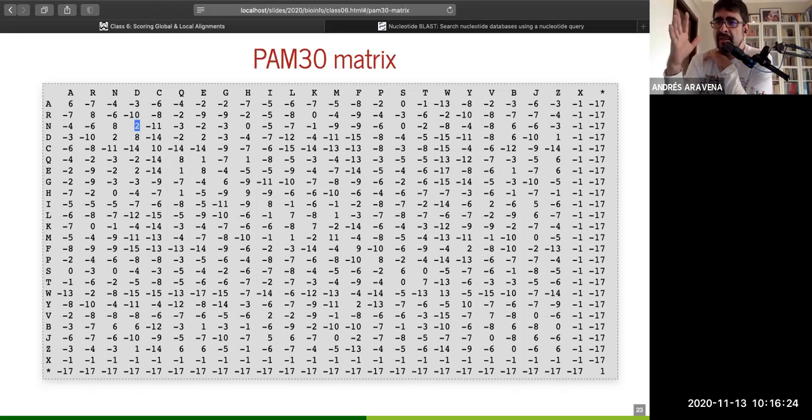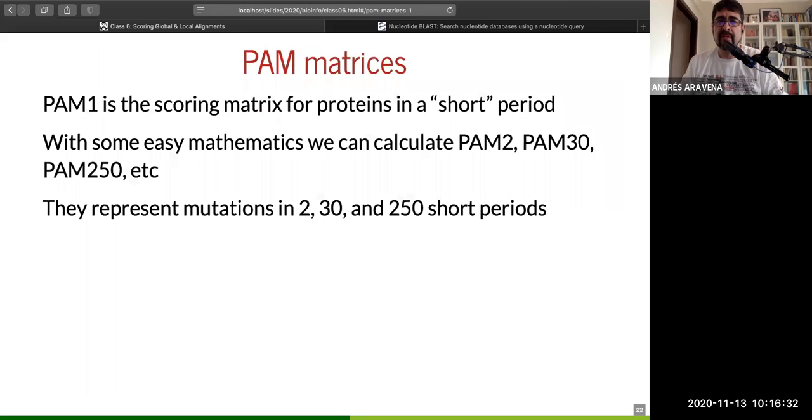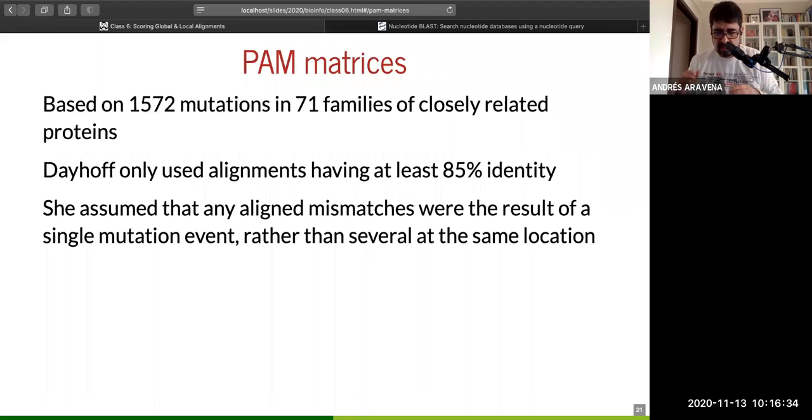When they made the matrix, they didn't think about chemistry. They only looked at the frequency of sequences. Remember, Dayhoff took sequences found in nature, and she counted how many times leucine changed to isoleucine. And based on the frequencies, with some mathematical rule, she found these numbers.